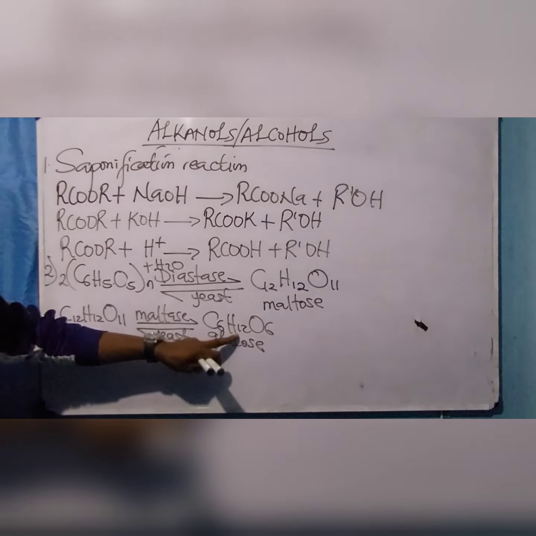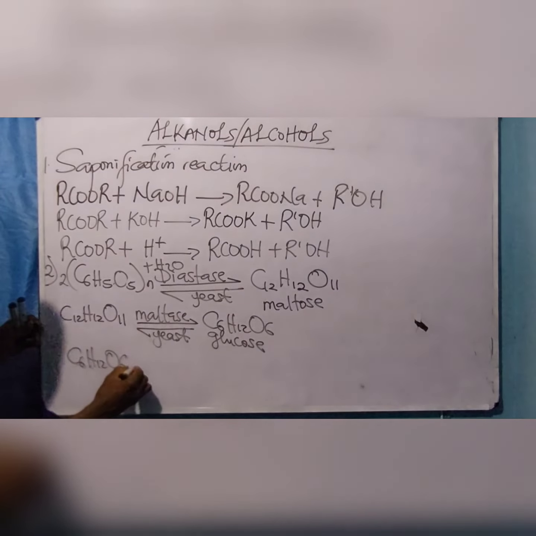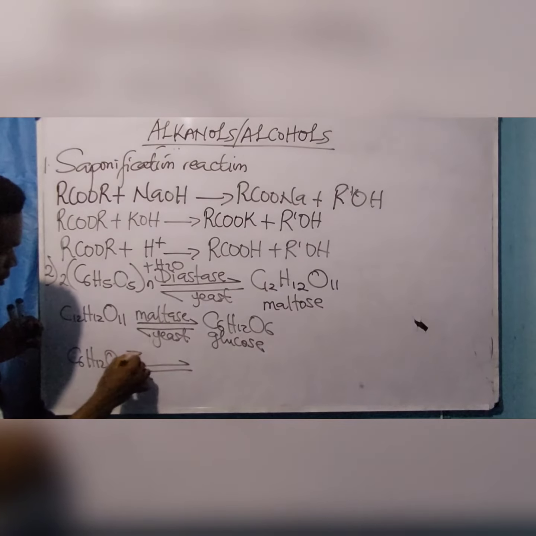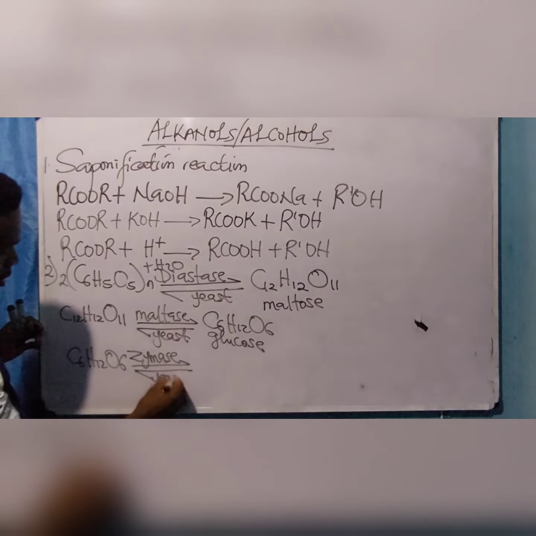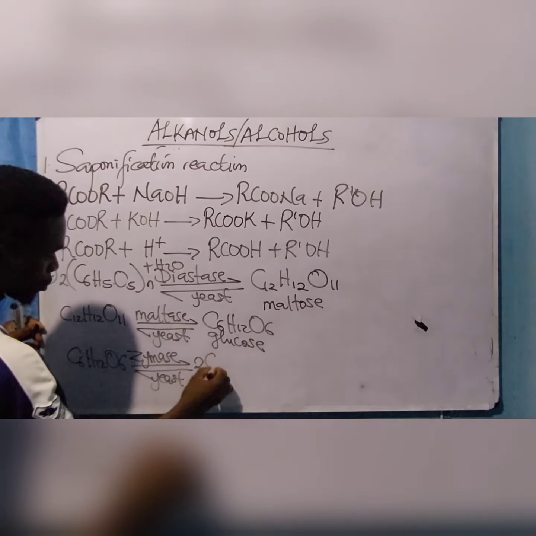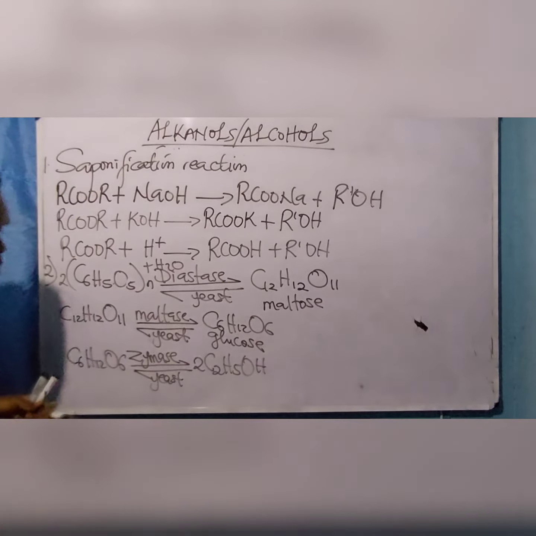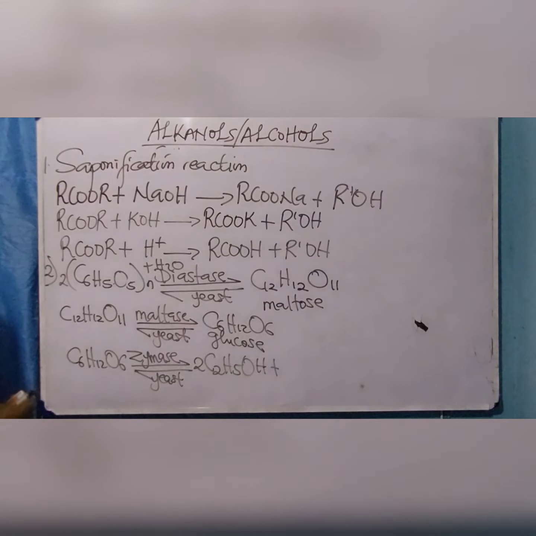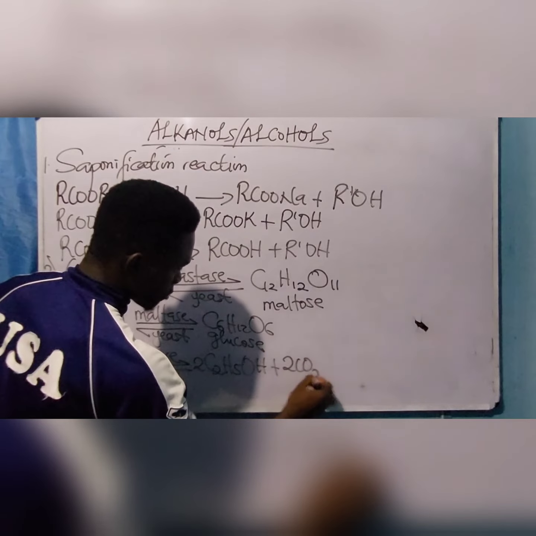Now this glucose will be reacted again. C6H12O6, if I react it in the presence of an enzyme called zymase, which is an enzyme produced by yeast, it will produce 2 molecules of ethanol and 2 molecules of carbon(IV) oxide.